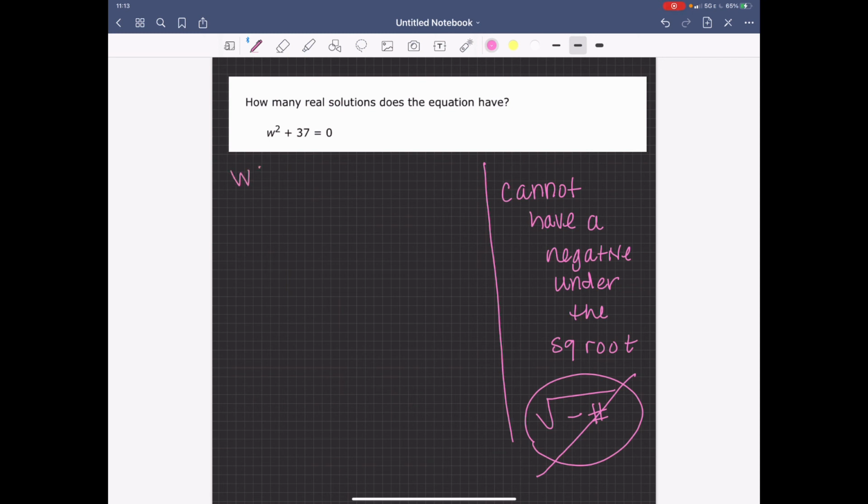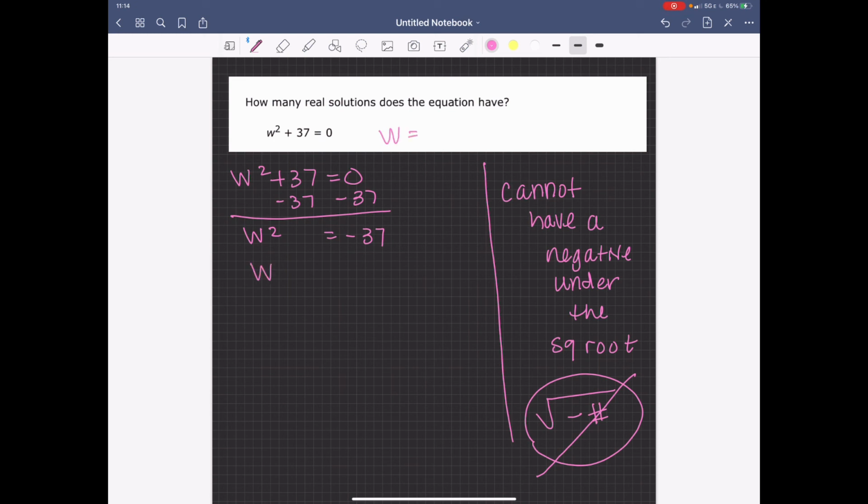So w squared plus 37 equals 0. I'm going to subtract 37 from both sides. So I get w squared equals negative 37. We have to take the square root of both sides to get w on its own, because we're solving for w here.